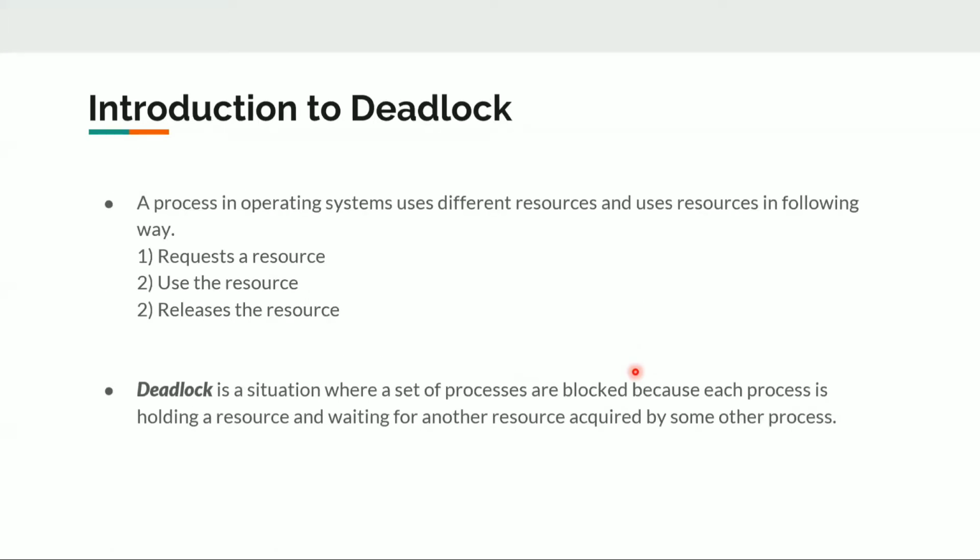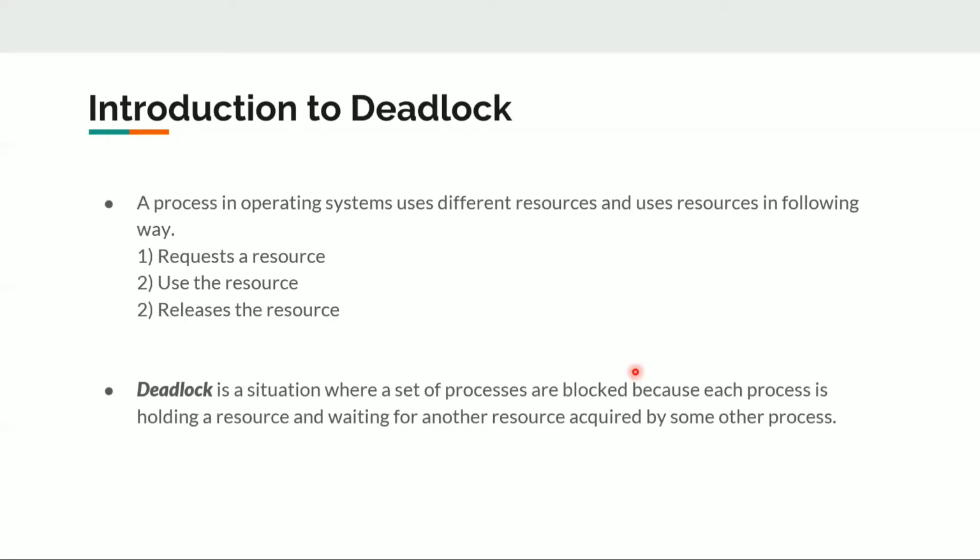A process in an operating system uses different resources in the following way. For example, if there is a process running in a CPU and it wants to access a particular resource, for example, CPU, printer, or monitor, how does it deal with it?